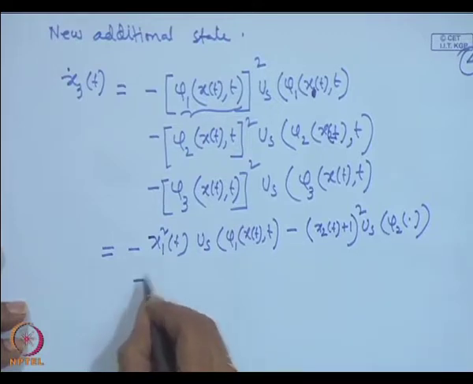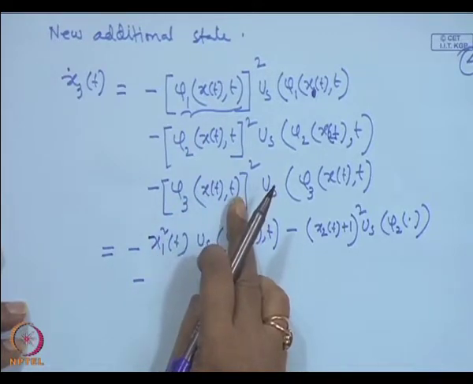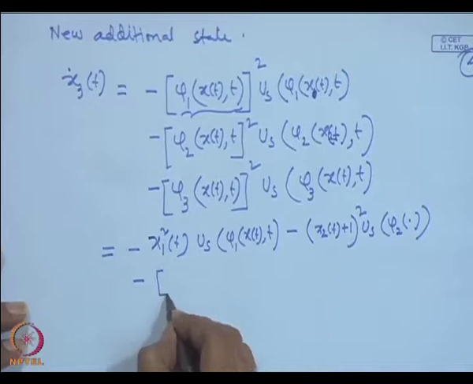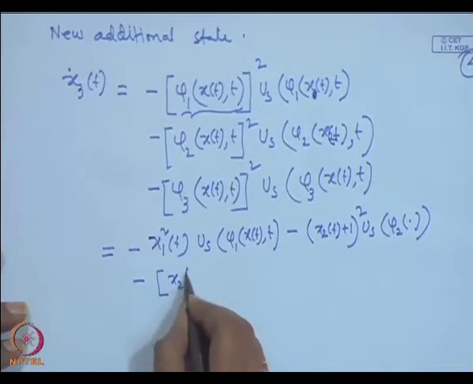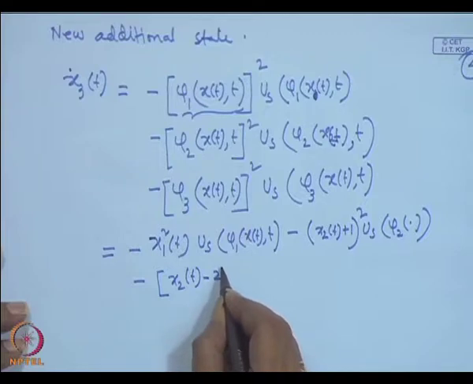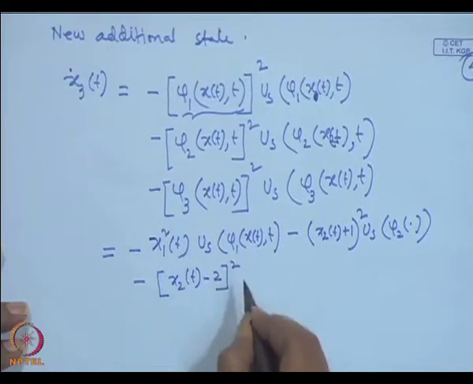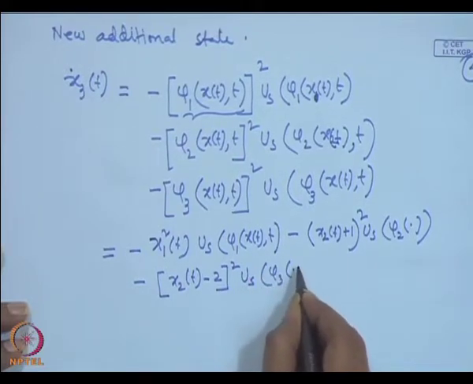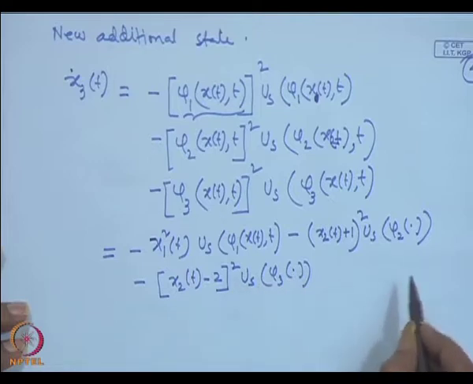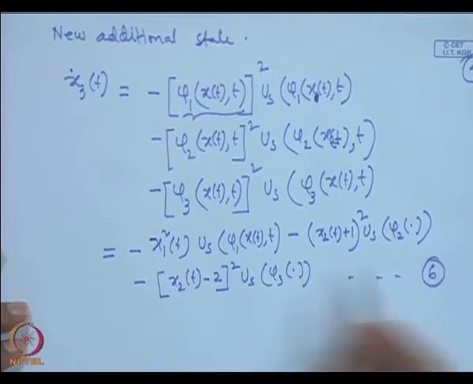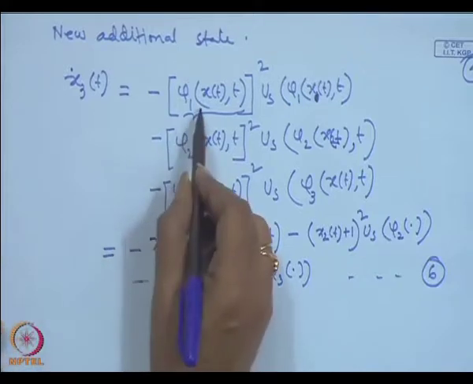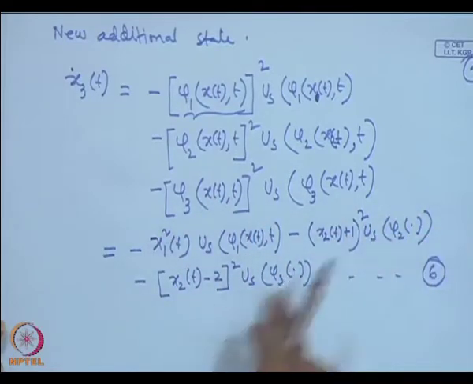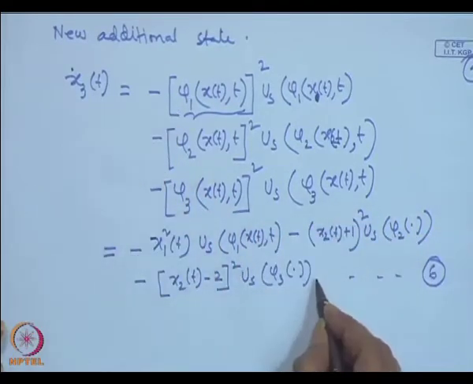Then the third one is x 2 minus 2, so x 2 minus 2 whole square, u s psi 3. Let us call this equation number 6. Agree? So, we have written the inequality constraint values here and squared all of these.